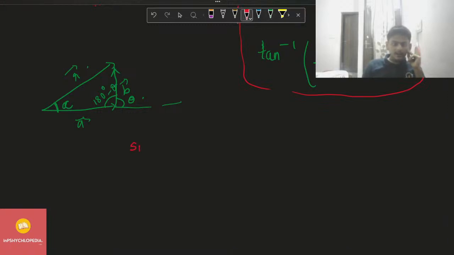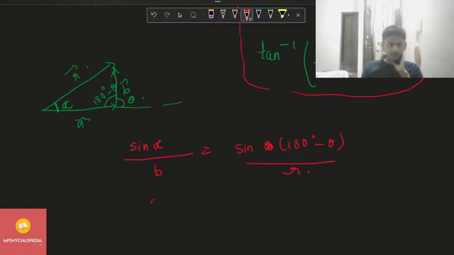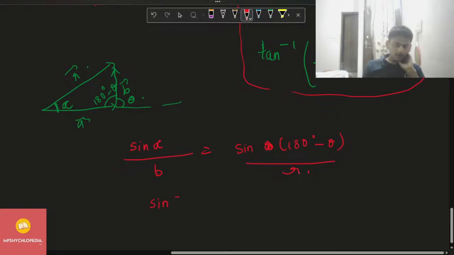So sine alpha upon b is equal to sine of 180 minus theta by r. So yes, I was a bit nervous because I thought I was going in the wrong direction, but it's absolutely correct.